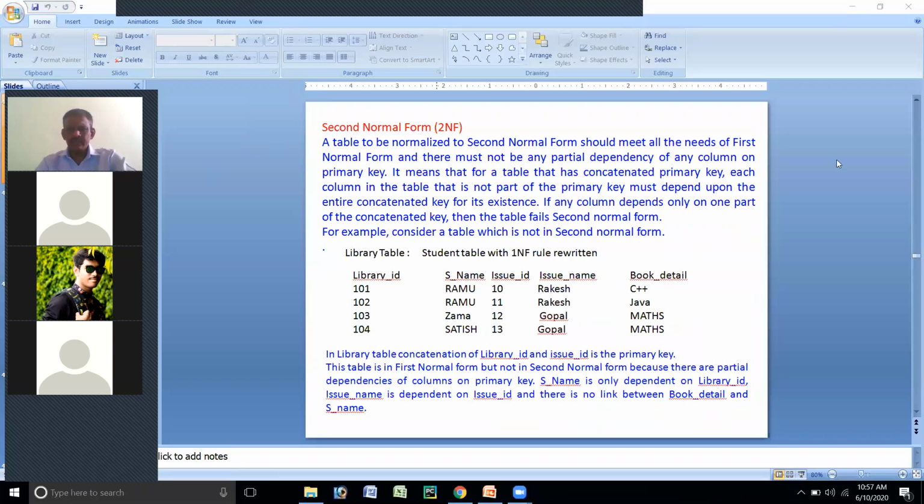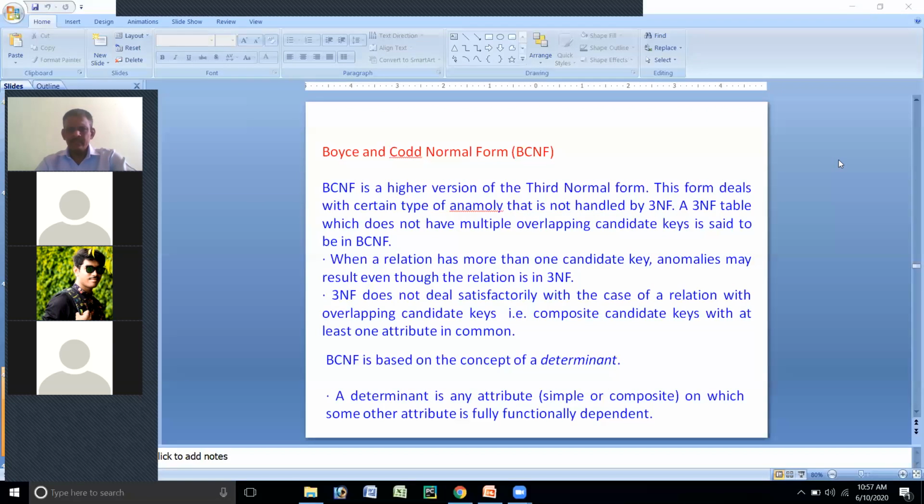So, Boyce-Codd normal form. BCNF is the higher version of third normal form, because we are considering this as the fourth rule. It deals with certain types of anomalies that are not handled by 3NF.